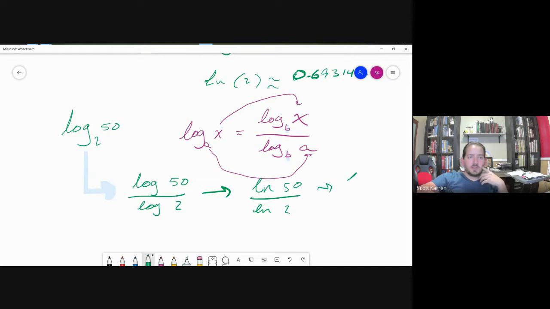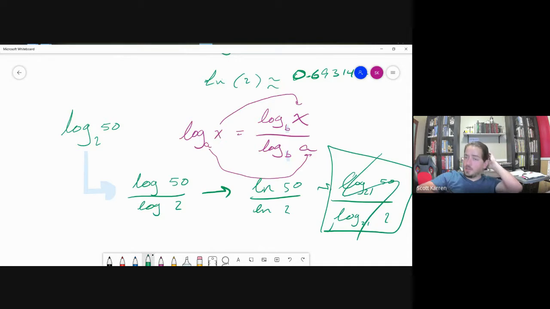If I really wanted to, I could say that this is the log base 21 of 50 divided by the log base 21 of 2. This is not particularly helpful, but I could do it. These things are all going to be equal.